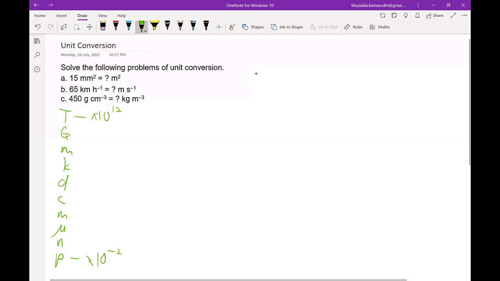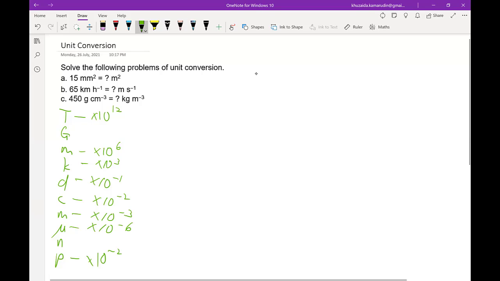So what we use a lot in physics, in this matriculation, is starting from this one: mega times 10 to power of 6, kilo times 10 to power of 3, deci you're going to have times 10 to power of, sorry, negative 1, centi times 10 to power of negative 2, milli times 10 to power of negative 3, micro times 10 to power of negative 6.